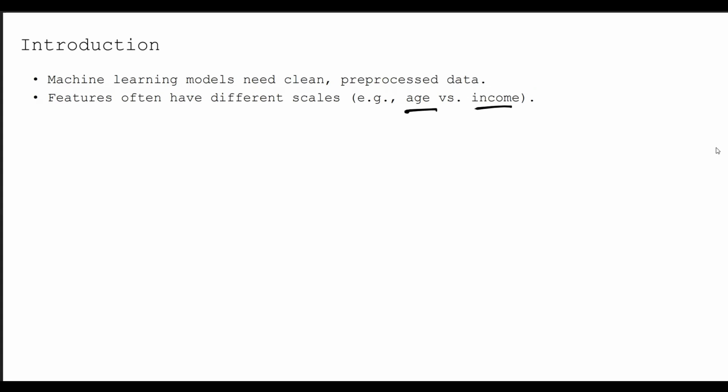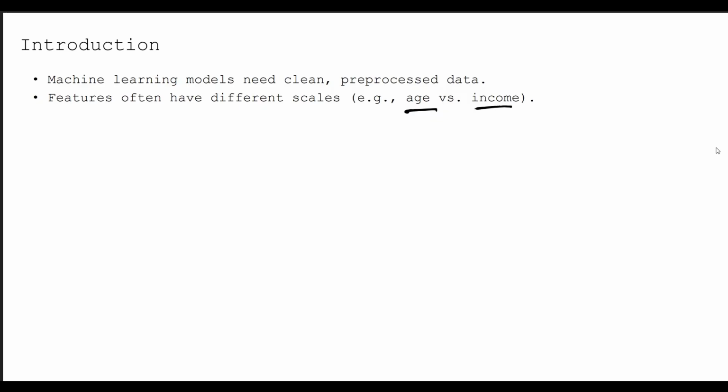If we are trying to implement the ML model on this type of dataset, which has features on very different scales, the income is a much larger number than the age. If we don't adjust these values, then the income will have a much bigger effect on the model than the age, even though both might be important while predicting the outcome or target variable. Just because of its high numerical value, income could overshadow the predictive value of the age.